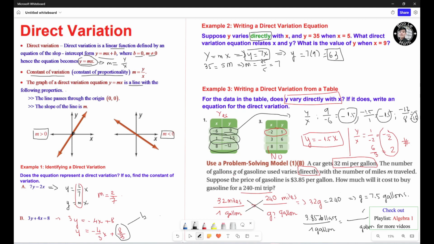This is dollars, you put dollars here. You have 7.5 right here. And then it's going to be x right here. Now cross multiply again. x times 1 is going to be x. 3.85 times 7.5 turns out to be 28.875 dollars.